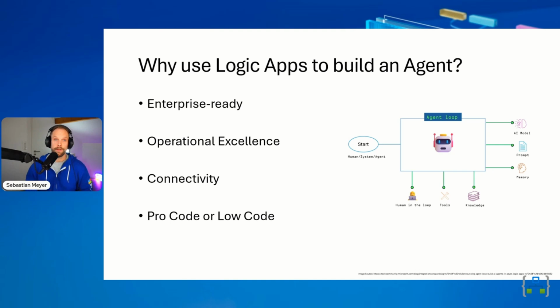And Logic Apps is one of the few platforms where you can choose to build agents with pro code or with low code. That means pro developers and business users can collaborate even better on agents. And they enable traceability and observability, which is very important. That means you have full transparency over processes and decisions the AI agent makes during the execution time. So you have no black box.